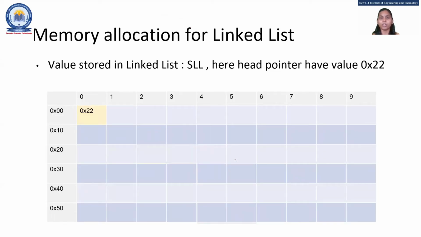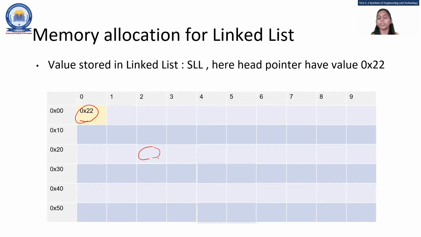Now for the memory, what will happen? Here you can see this is nothing but your head pointer, or you can say start pointer. So it will give me the location where my first node is, which is at position 22. This is the position.